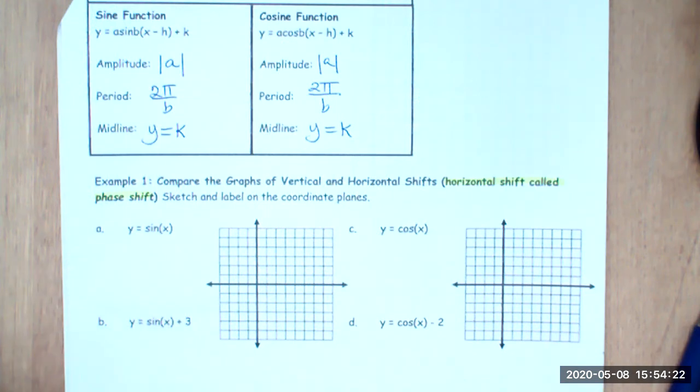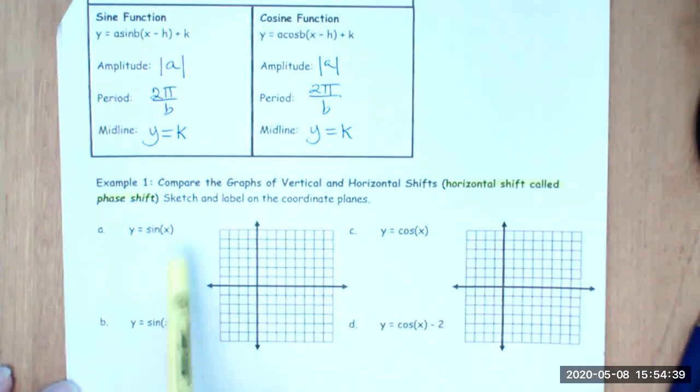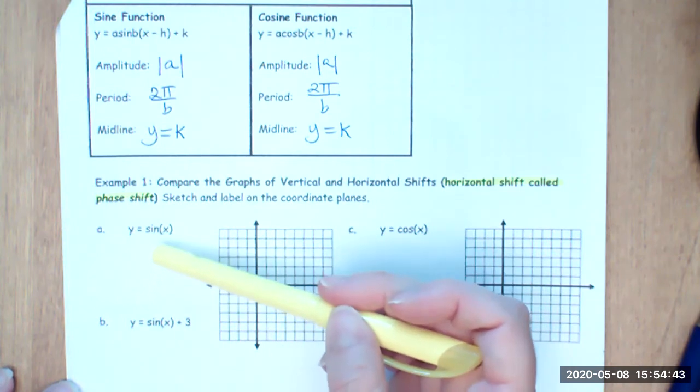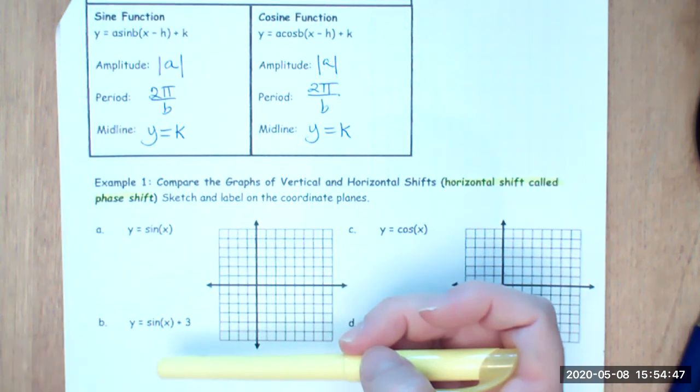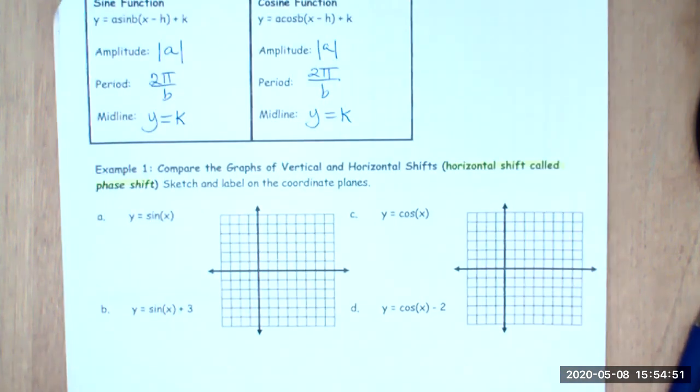That's one of the reasons why we call this a phase shift, because in practical terms, the sine and cosine functions can model practical situations that would involve phases. So what we're going to look at here is how we can easily shift the graphs up, down, and left and right. In some cases we can easily do this without even using a table, and you'll see how that works.